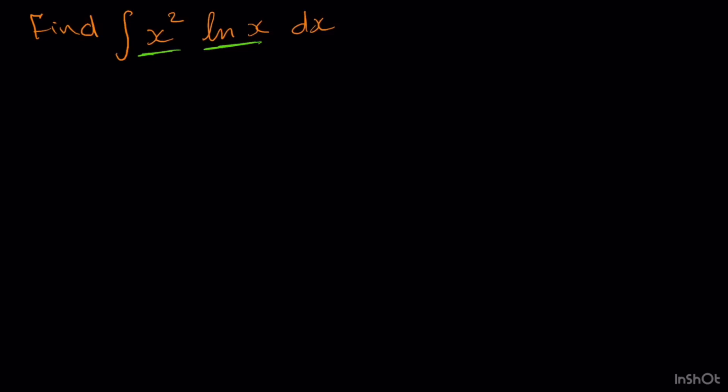So let's say u equals ln x, then du over dx is 1 over x, and dv over dx is the other function, which is x squared.